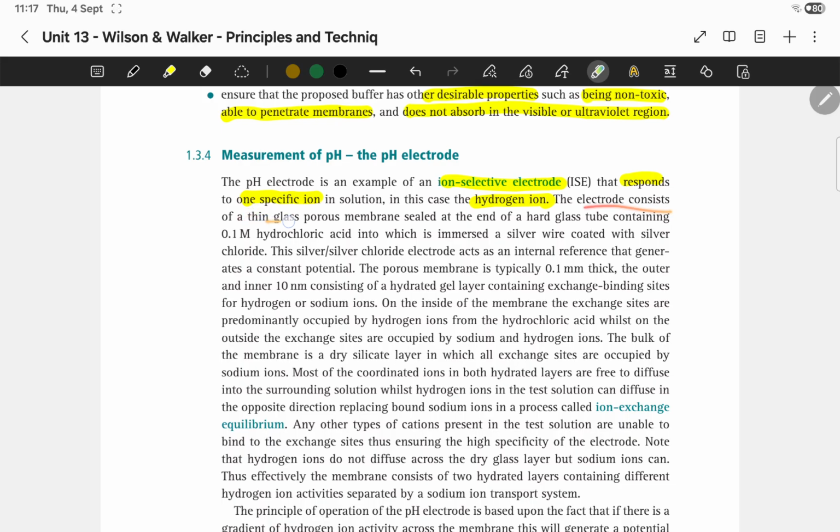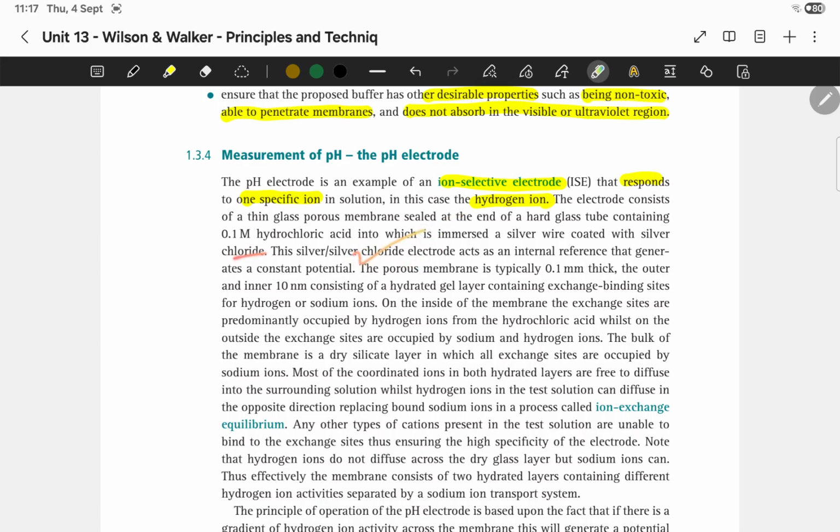The electrode consists of a thin porous glass membrane sealed in the end of a hard glass tube containing 0.1 M hydrochloric acid, into which is immersed a silver wire coated with silver chloride.